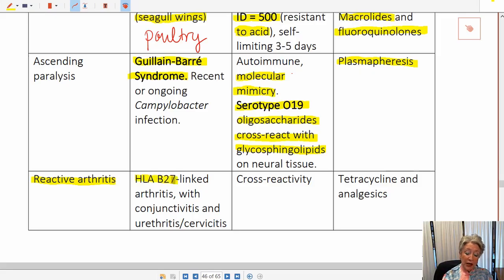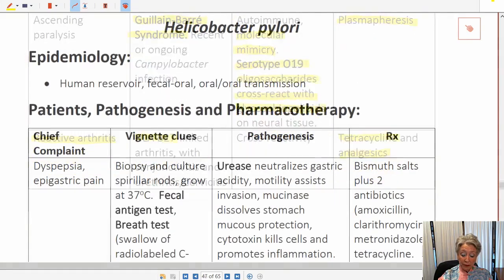This is an HLA-B27 linked arthritis associated with the same old things. Remember, you can't see or pee or climb a tree. So urethritis, cervicitis, arthritis, conjunctivitis. Again, it's a cross-reactive response immunologically. Treat with tetracycline and analgesics.